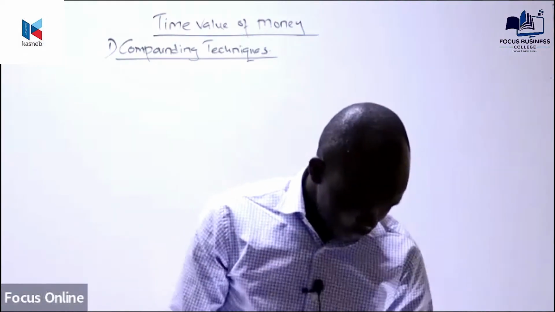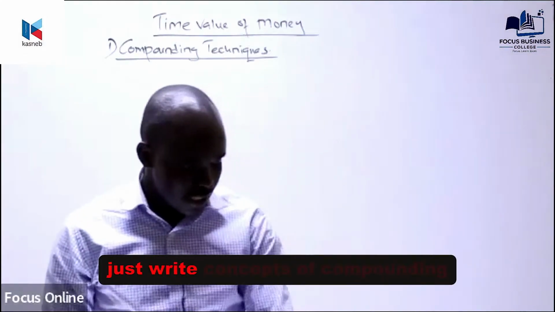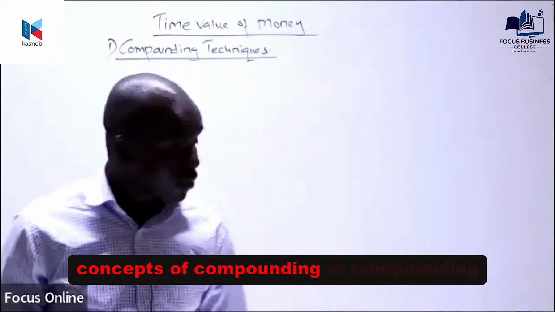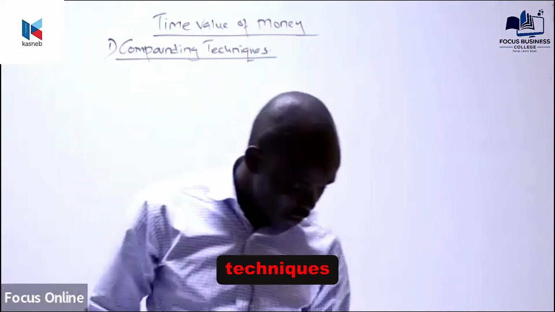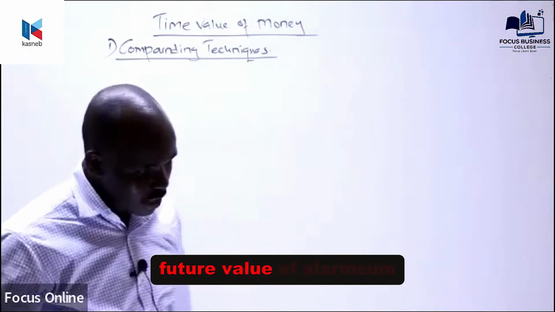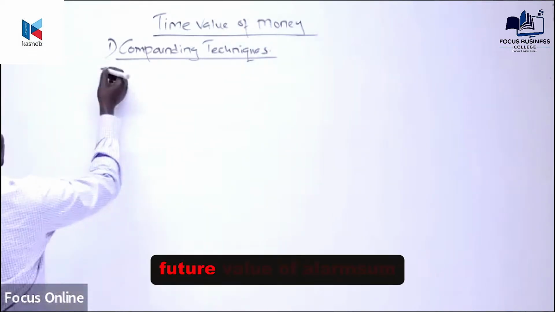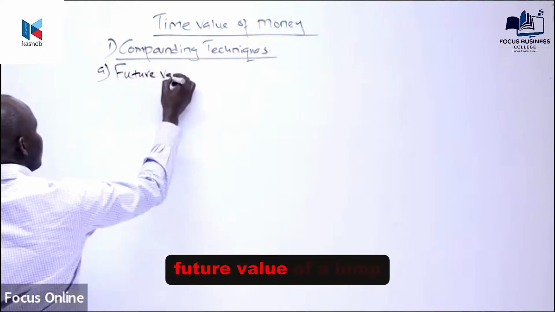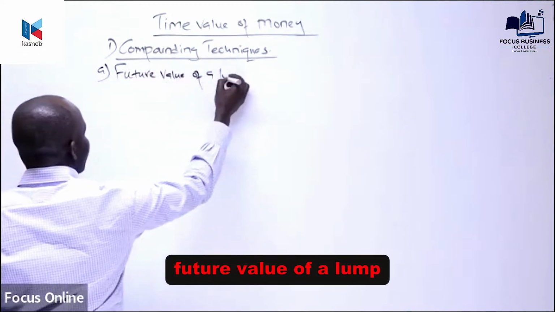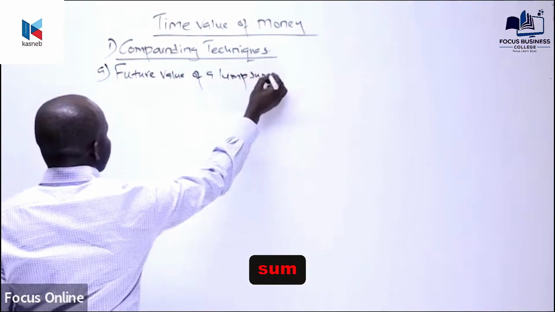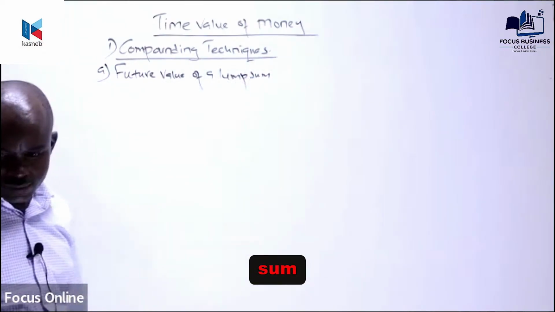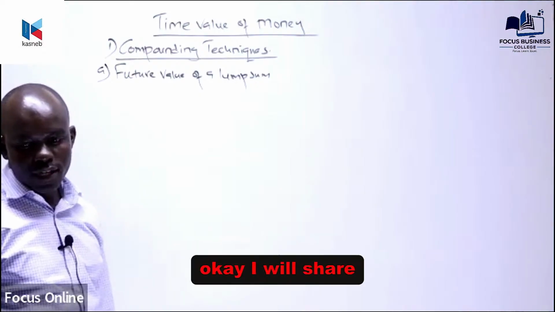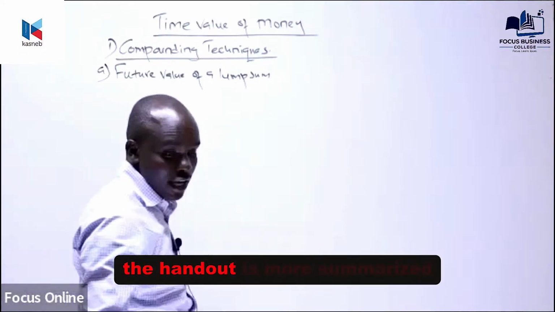So just write concepts of compounding, or compounding techniques, and we start with the first one: future value of a lump sum. Alan? Okay, I will share, but the handout is more summarized.